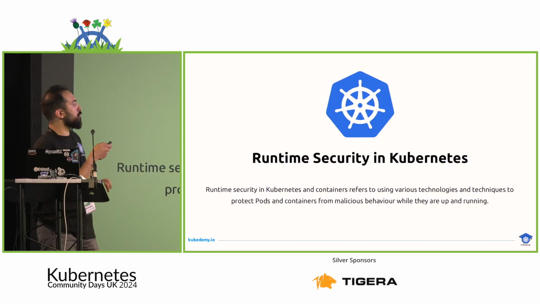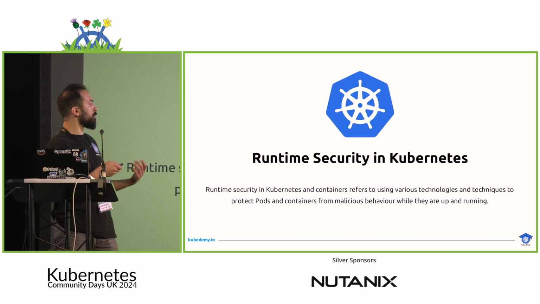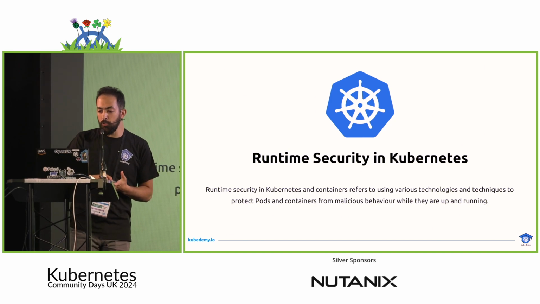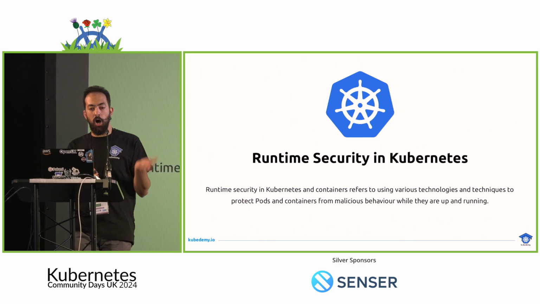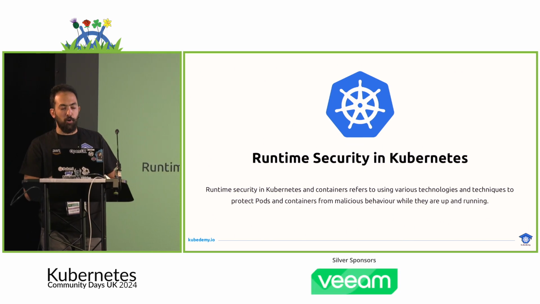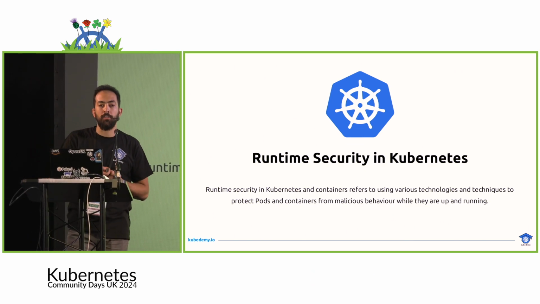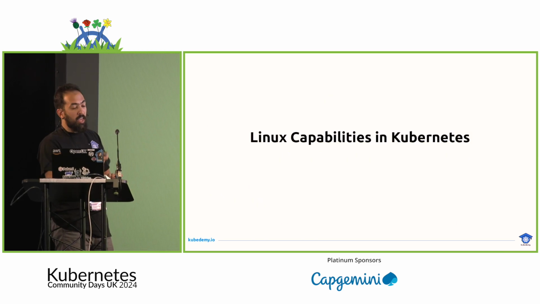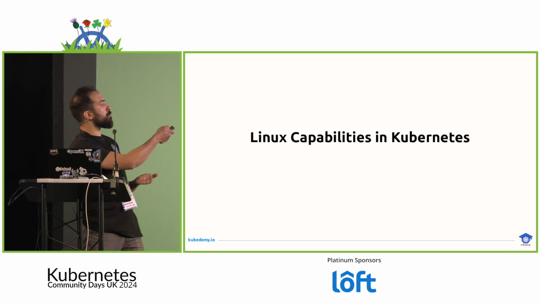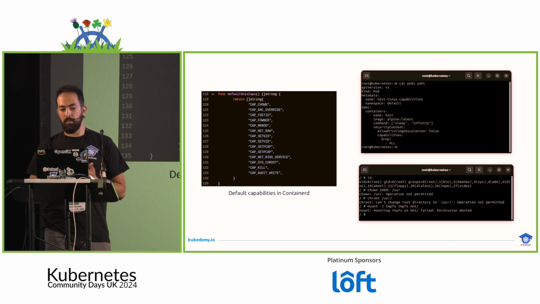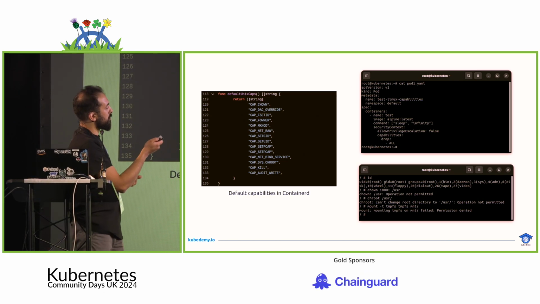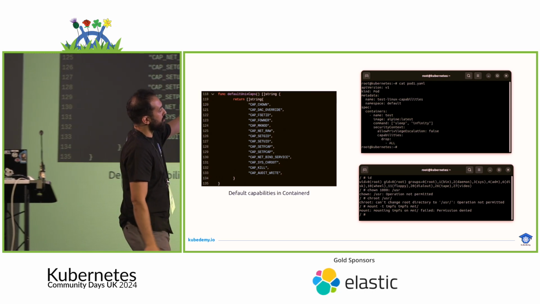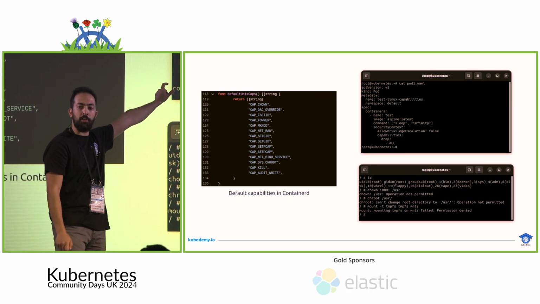Runtime security in Kubernetes. Runtime security in Kubernetes refers to using techniques and technologies to protect your pods and containers from malicious behavior while they are up and running. How we can use Linux capabilities in Kubernetes is quite easy. You need to provide some configuration in your manifest.